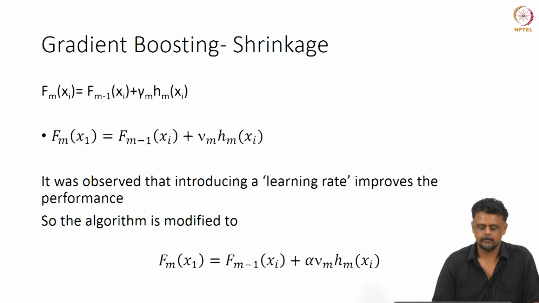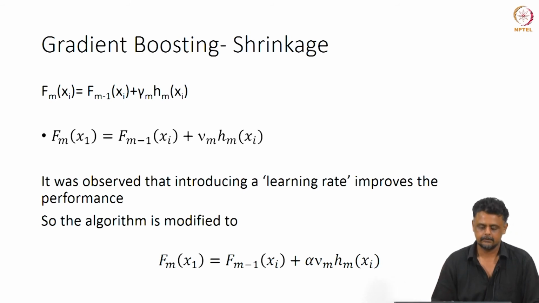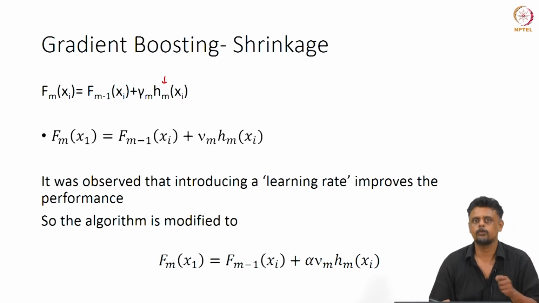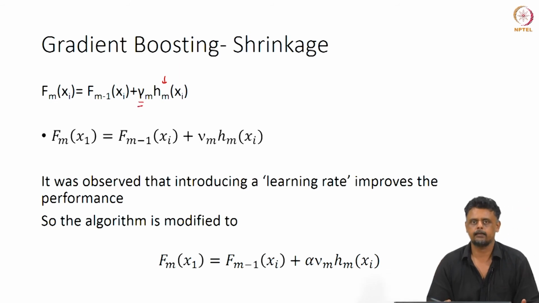So, to summarize, we start off with an initial guess, and at every iteration we update the guess by fitting h m to the gradient of the loss function with respect to the estimates, your predictions from the previous iteration, and then also figuring out this hyperparameter to get a better estimate, because remember you are fitting to a gradient.